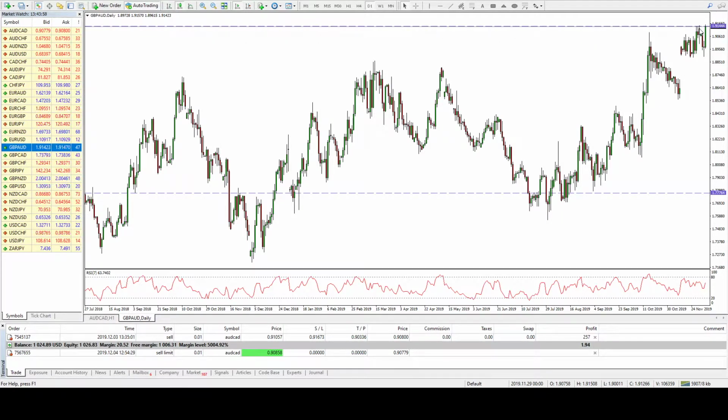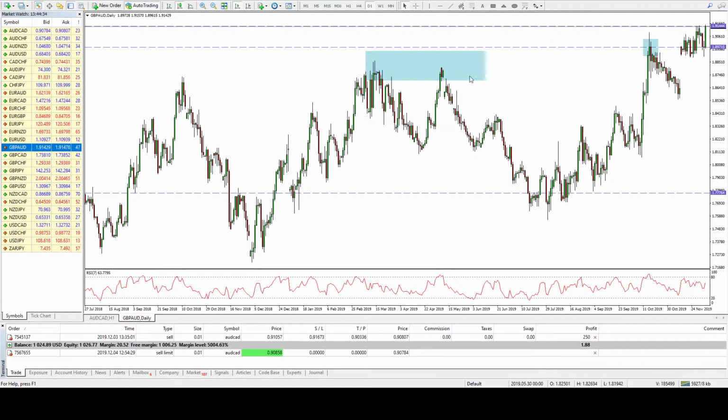breaks this resistance, and it is possible that it will do that because it has broke this high, and it has broke this high, and this is the zone that we haven't been there since 2016, and lots of buyers there.